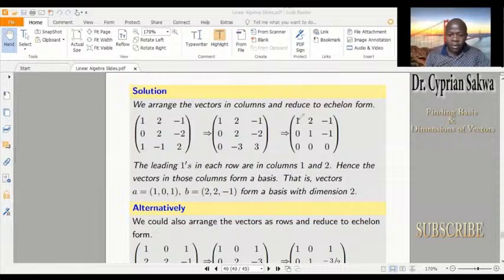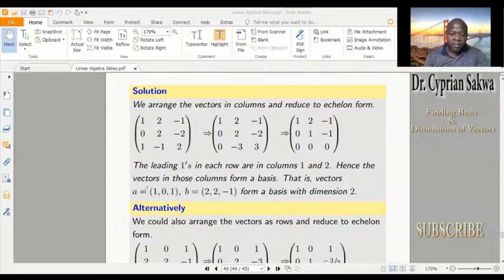What is the vector in column 1? The vector in column 1 was 1, 0, 1. And the vector in column 2 was 2, 2, negative 1. So that was vector A and vector B. These two vectors form a basis. So that basis has how many elements?